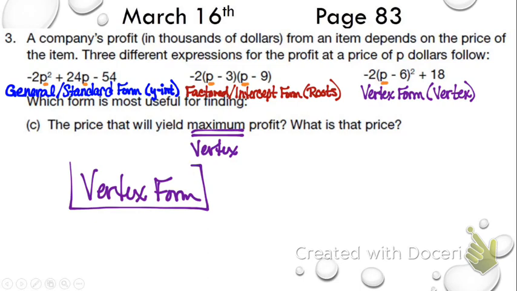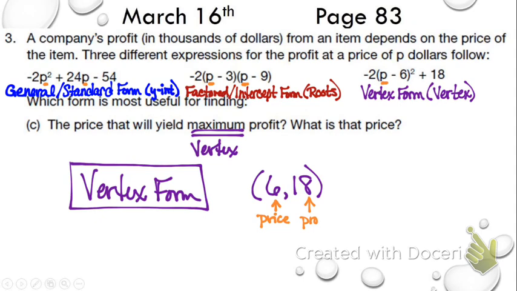So what is the vertex of this? 6, 18. What does the 6 represent? That's our price. What does the 18 represent? The profit. So take this ordered pair and help change it into words for me. When will they receive their maximum profit?